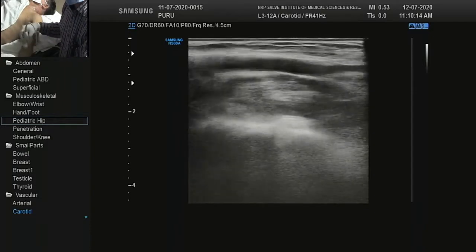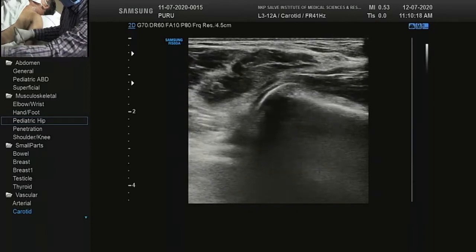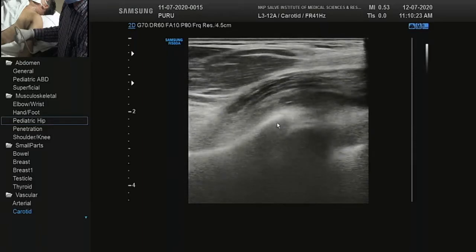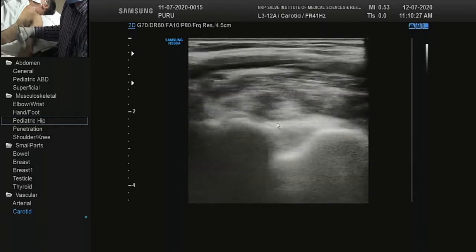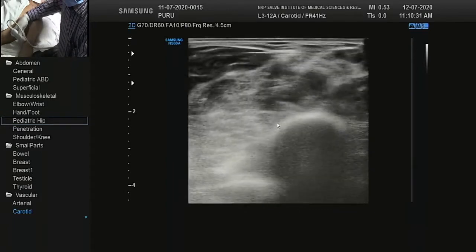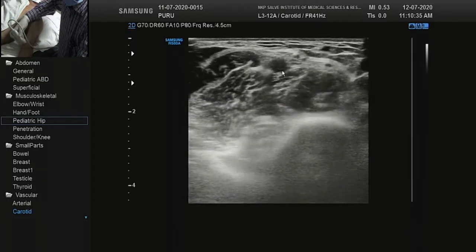So I come here at the elbow joint. You can see the lower end of humerus, and you know where to palpate the brachial artery. I'll again show in transverse. This is lower arm, this is the brachial artery.